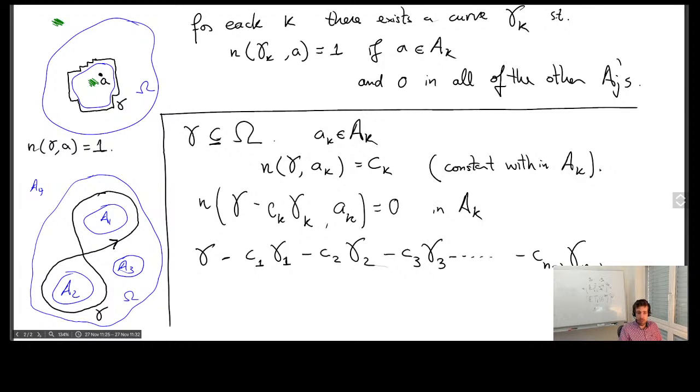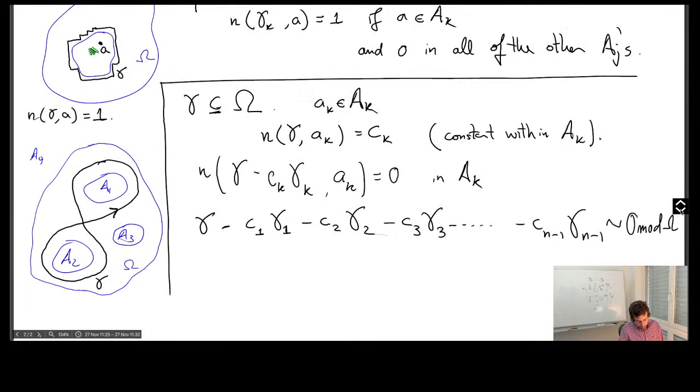Because a point outside of omega is in a certain k, and in that k this part will have a contribution ck, and then they cancel that contribution in the term ck in the sum. So this is actually homologous to 0 in omega. And so the curve gamma is homologous to C1 gamma 1 plus C2 gamma 2 plus so on plus Cn minus 1 gamma n minus 1.